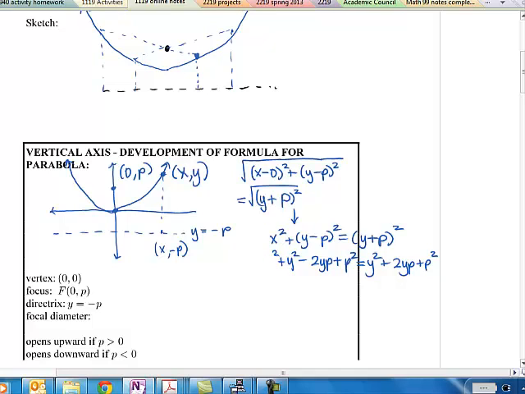It should be an x squared, sorry. So now we've got a y squared on both sides, so those cancel each other out. We have a p squared on both sides, so we can rearrange. We've got x squared equals 4yp. Or we could rearrange again. We could have y equals x squared divided by 4p.